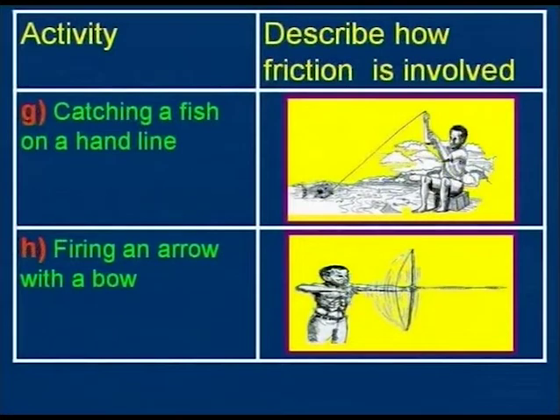Now, to help you with that, friction involves what we just went through at the beginning. When you rub your hands together, you are causing friction. When you grip onto tins, you are also causing friction.